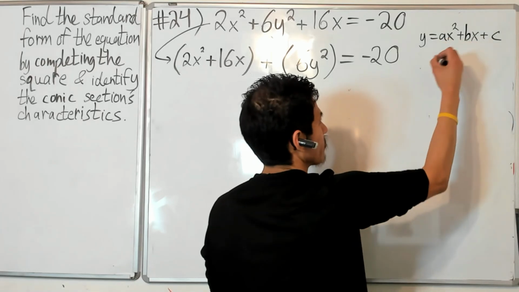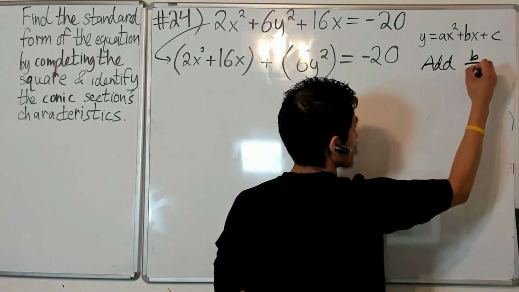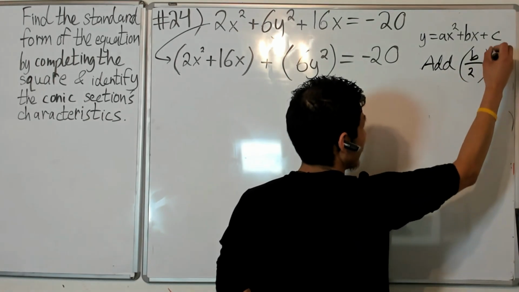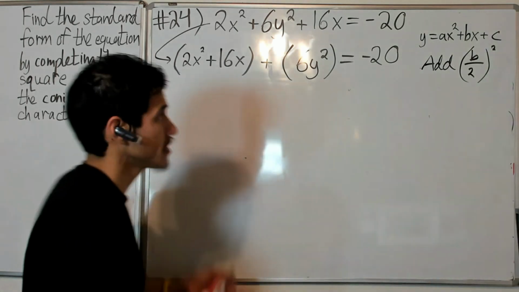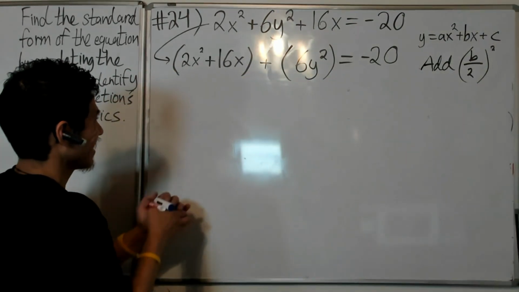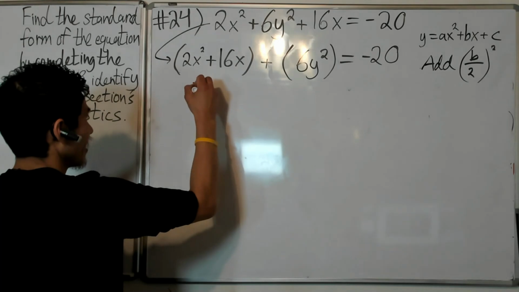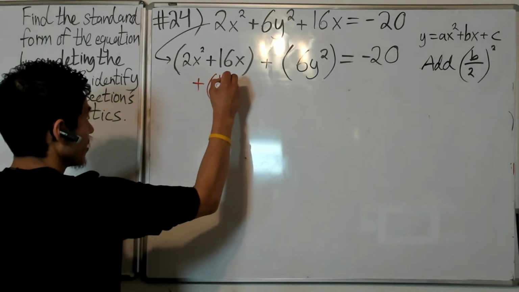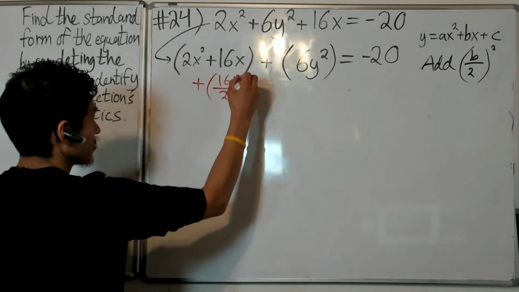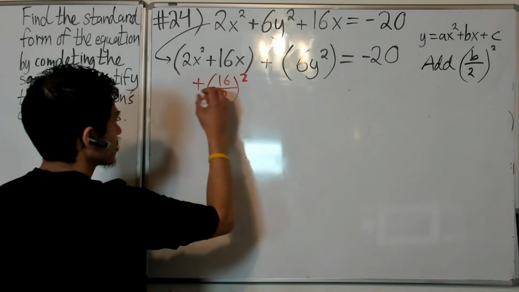What you're going to do is add half of b, squared, to each side. You do that for the x terms and for the y terms. In this case, the b in this group is 16, so we're going to add 16 over 2 squared, which is adding 8 squared.